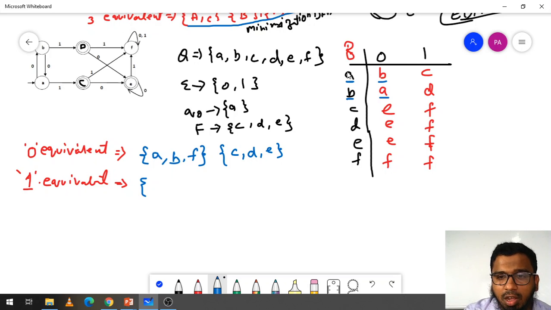Now check C and D, which are also in the same set.